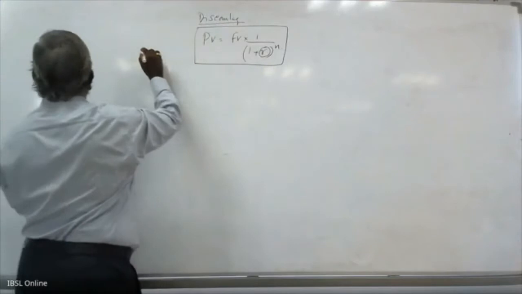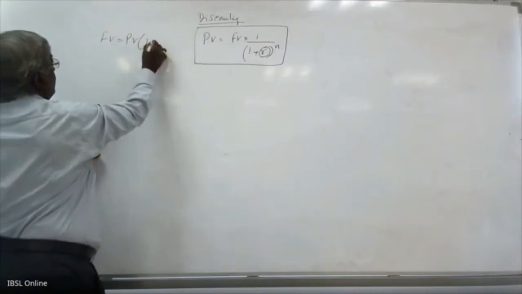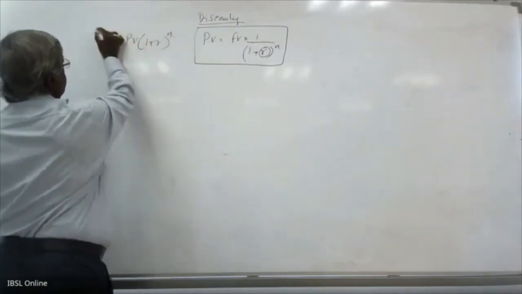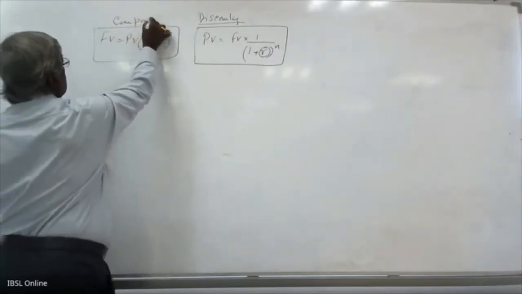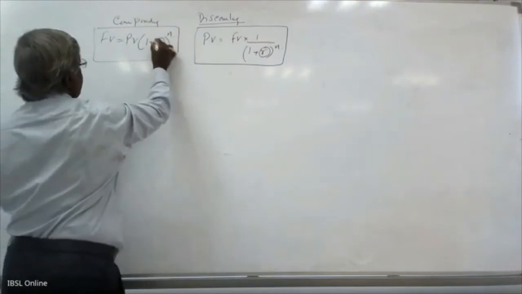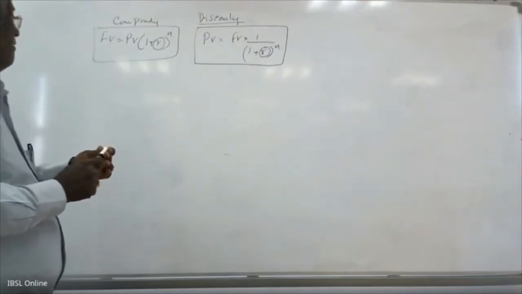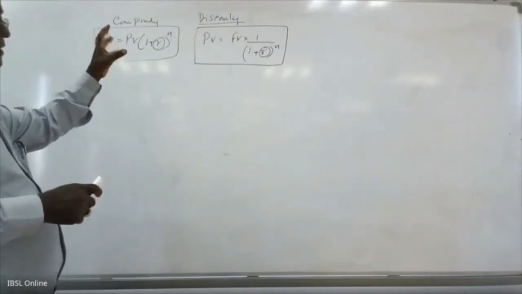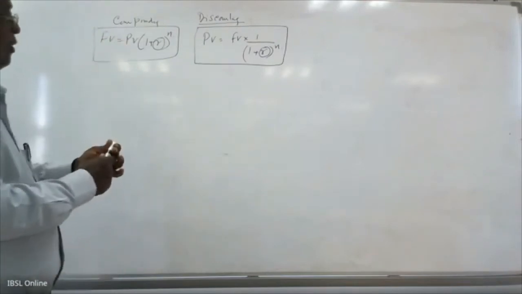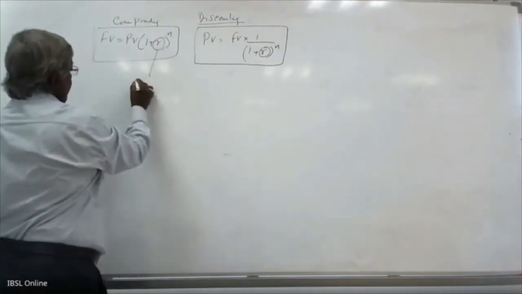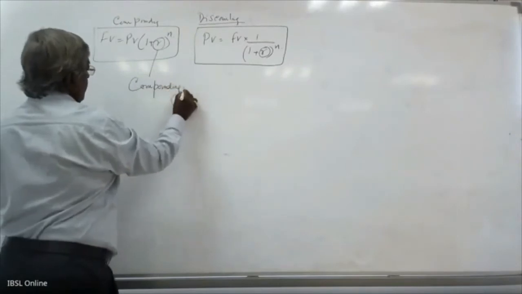Similarly, compounding: FV is equal to PV into (1 plus R) to the power n. This is compounding. This is the interest rate you are using for compounding, that is, to convert present value into future value. This interest rate is also called the compounding rate.